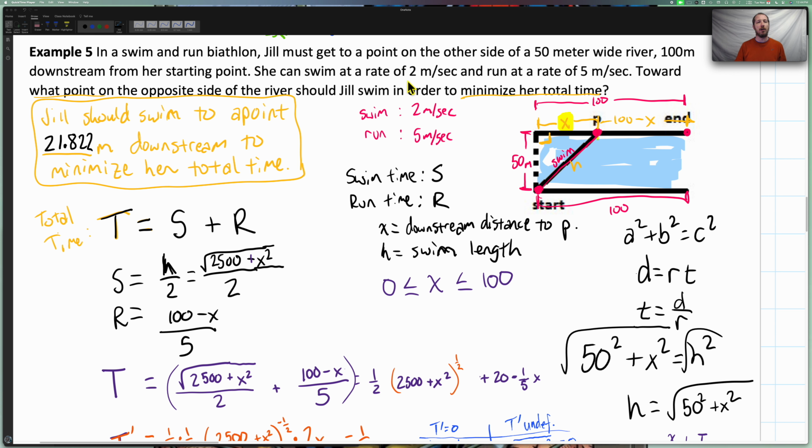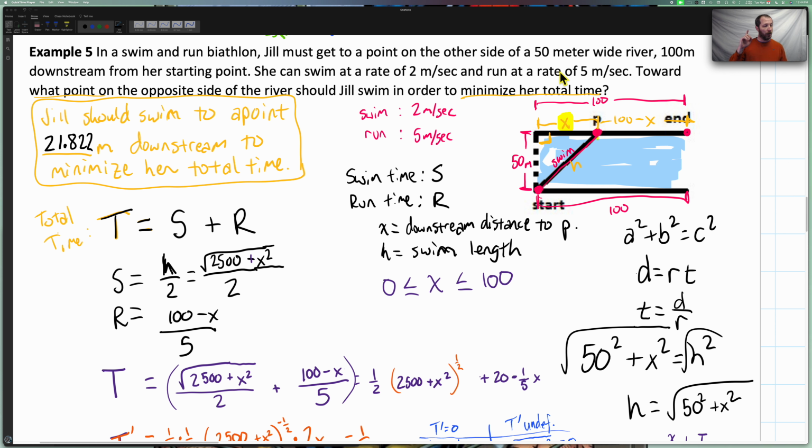So we're given her rates for swimming and for running, and it's our job to find where, like at what angle or how far down the other side of the bank, she should aim for. So, reading the question, understand the problem.